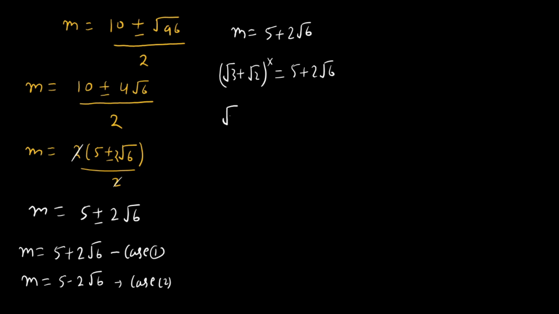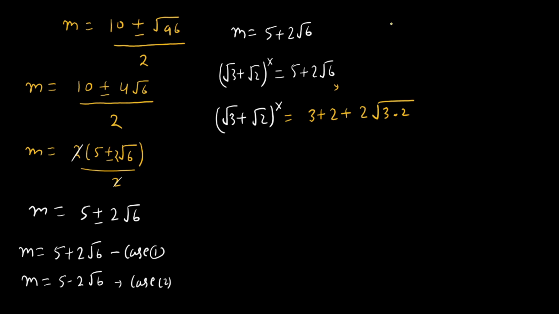In the left-hand side, (√3 + √2)^x, and this 5 is the same as 3 + 2, plus 2√6, where this 6 is the same as 3 times 2.